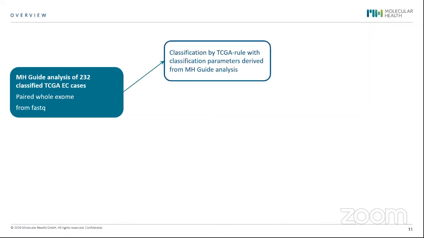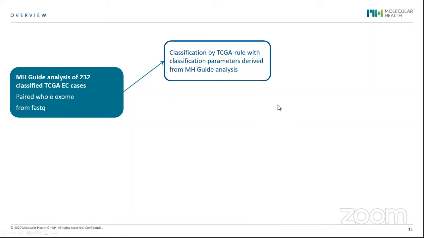So, a little overview of what we've been doing. We analyzed 232 endometrial cancer cases that were classified into these 4 classes from TCGA in paired whole exome mode. And we started from FastQ. So we downloaded the BAM file from TCGA, extracted the reads, and ran our full pipeline from alignment on.